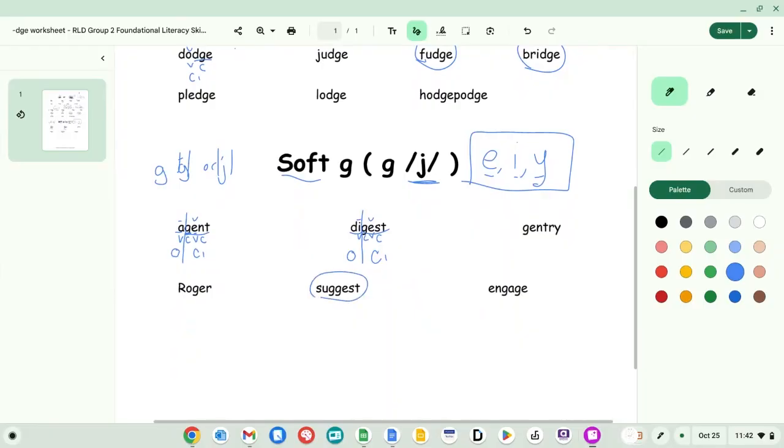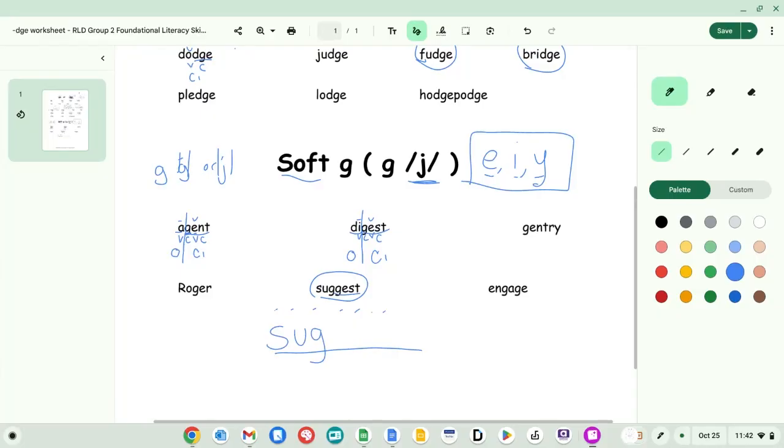Let's spell this word here. So we want to say the word suggest. How many syllables? 2. The first syllable is sug. Attach the letters S-U-G. The next syllable is jest.